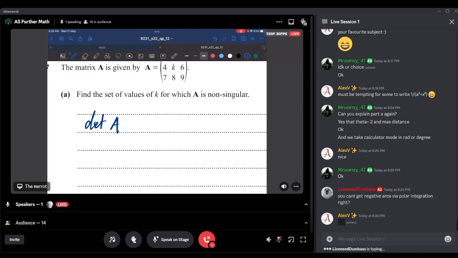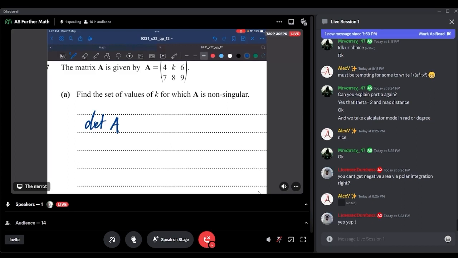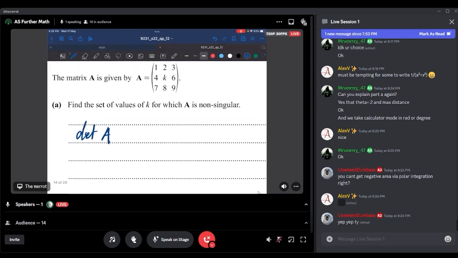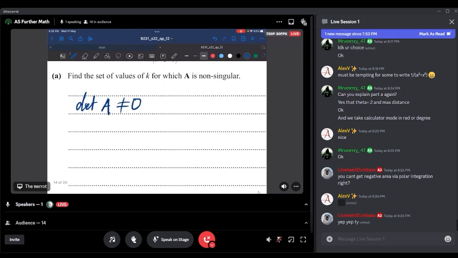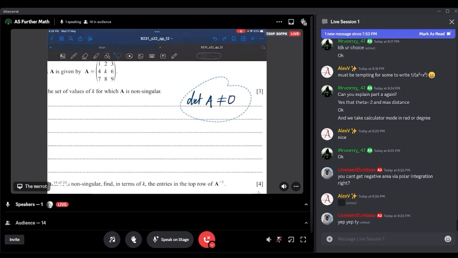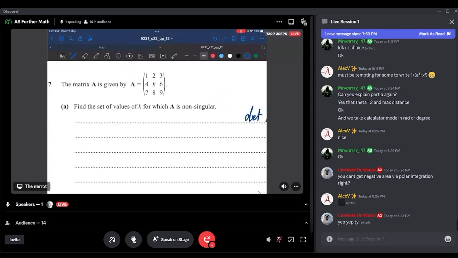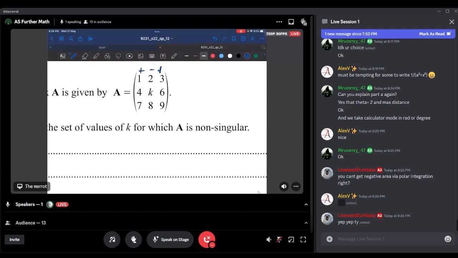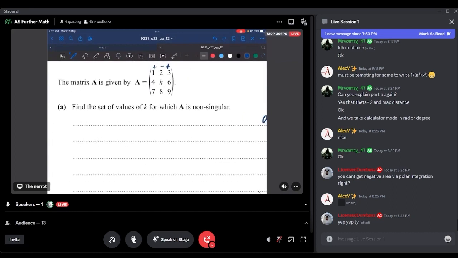Right, so we want the determinant of A not equal to 0. So let's find the determinant. I'll move this aside. I guess we can do the normal method. Just do plus minus plus here and take the determinant. I hope you guys know how to do determinants.